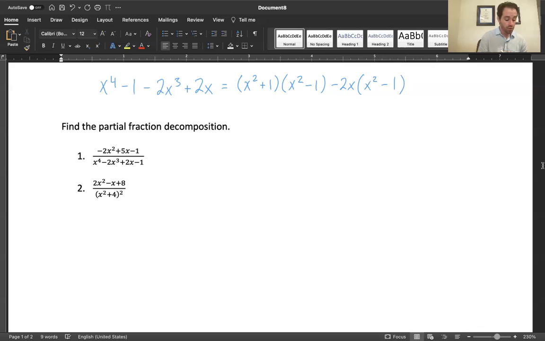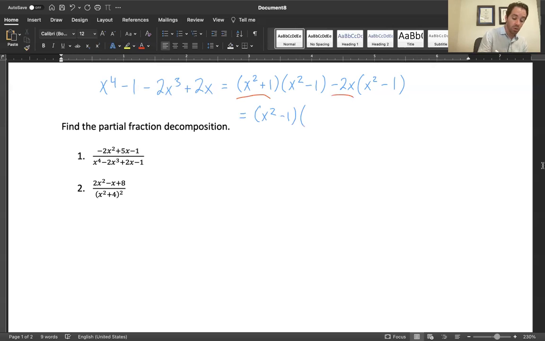So at this point, you might be looking at it and saying, oh, goody. Yeah, this is sort of secretly factoring by grouping because we've got the x squared minus 1 in both places. And you're right. So this is x squared minus 1 times, and now I'm going to do this part and this part separately.